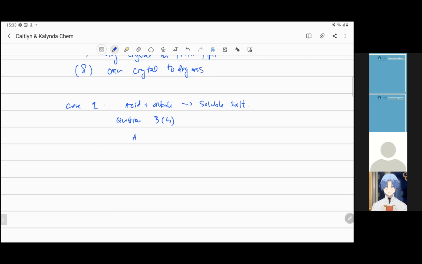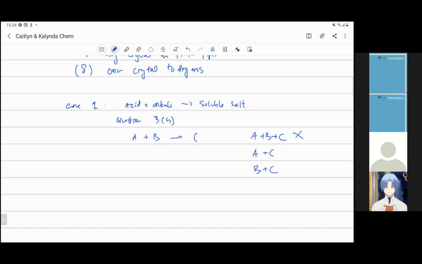So if you have A plus B making C, you never have in the end A plus B plus C. It's never possible. Why? Because either A is in excess or B is in excess, but we don't have both in excess. As long as there is any left of A and B, they're going to react.